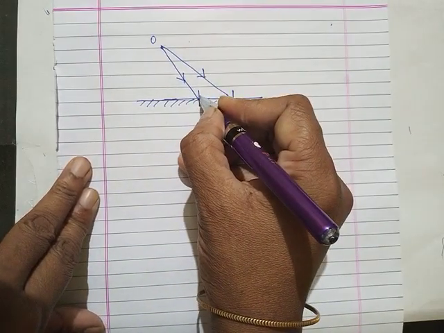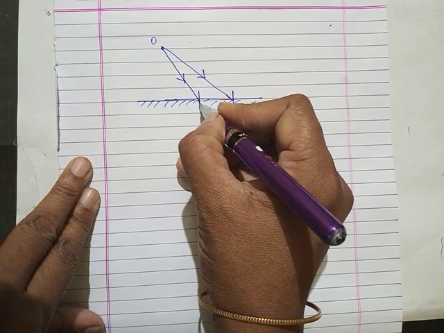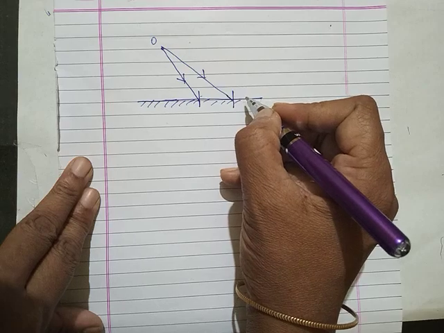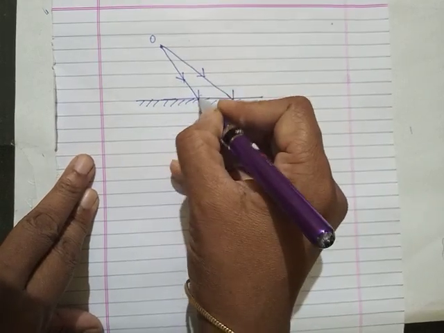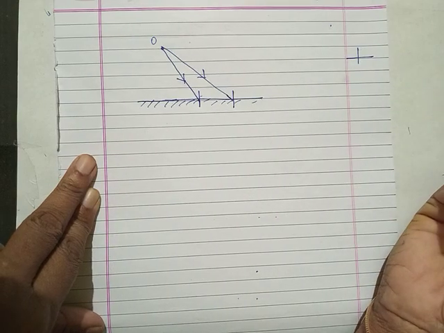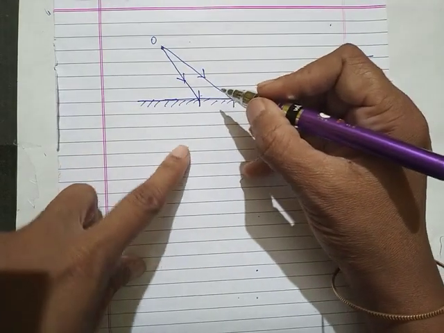Okay, so this angle should be 90 degree. As soon as you draw the incident ray, at that point you have to draw a normal. Again, this should be 90 degree. Okay, you're not going to use a D, but if a mirror is like this, the 90 degree line, normal, will be like this. So you have to do it approximately.